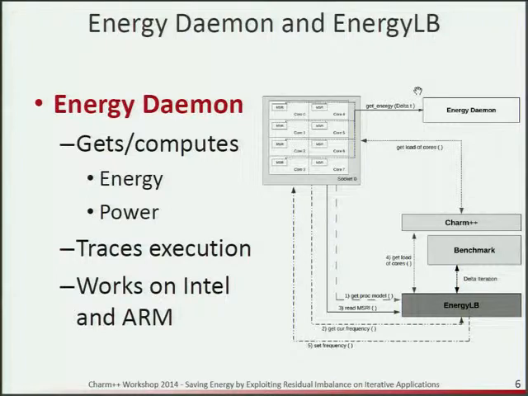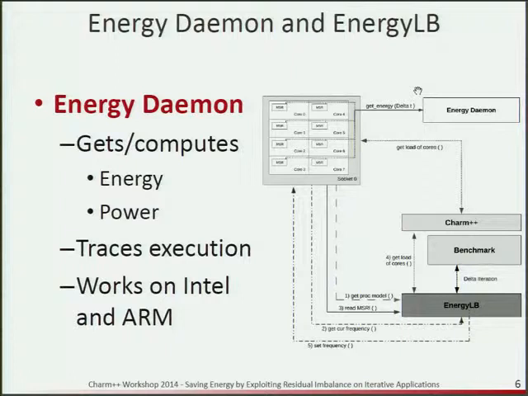When we get one, we can compute the other if we do that periodically. This energy daemon is currently working on Intel and ARM processors like big.LITTLE processors. It's also going to trace the execution of the application, so we get our application running, and we know afterwards where the peaks of power were, in the kind of figure that I presented earlier, okay?